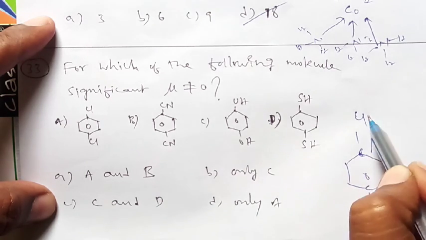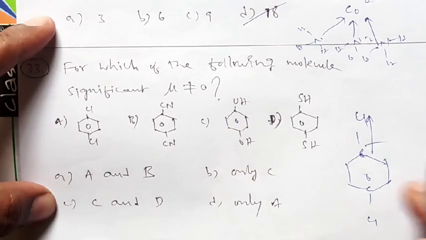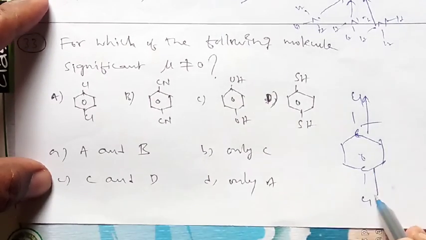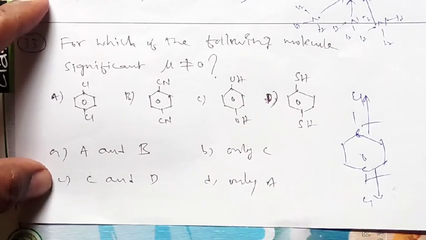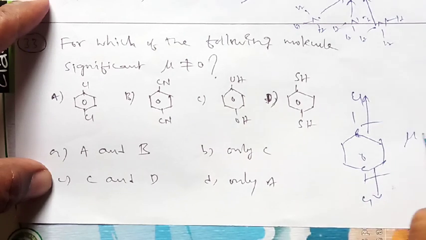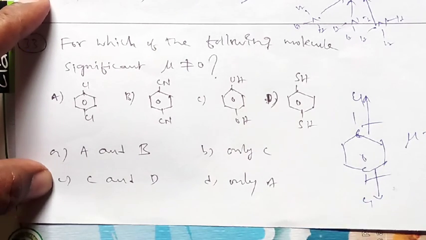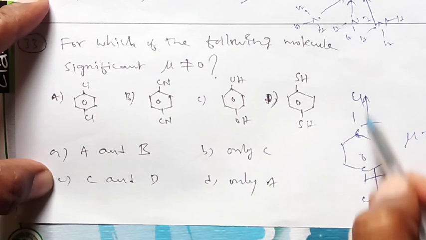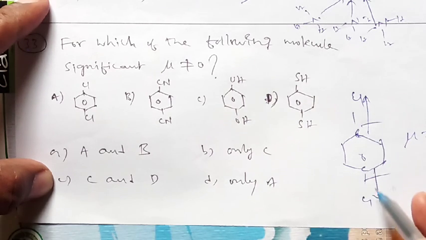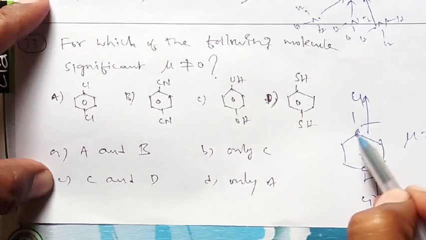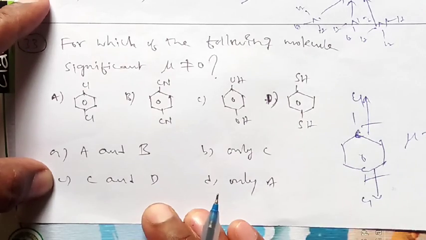The carbon to chlorine dipole moments work equally, so definitely here mu equals 0. The dipole moment works upward and downward from carbon to chlorine, because compared to carbon, chlorine is more electronegative.